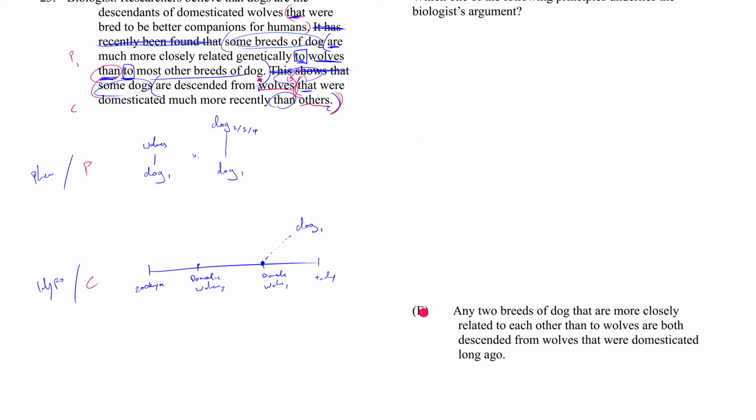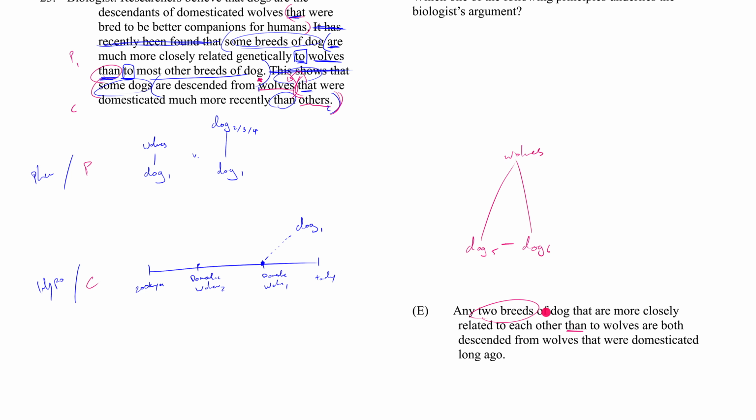And lastly, E says any two breeds of dog that are more closely related to each other than to wolves. Like two breeds of dogs, let's say dog 5 and dog 6, where the distance between them is this short, whereas the distance from them to wolves is this long.